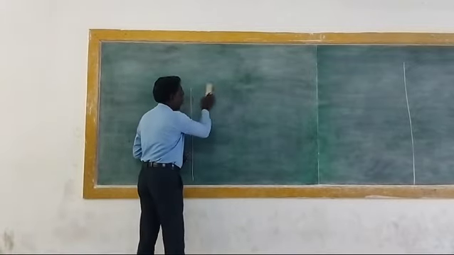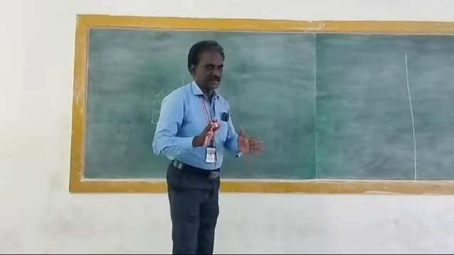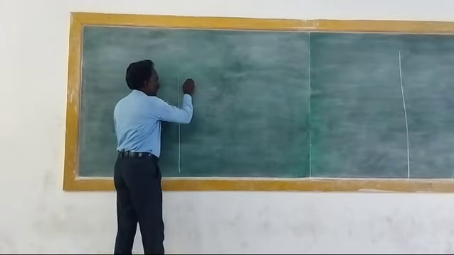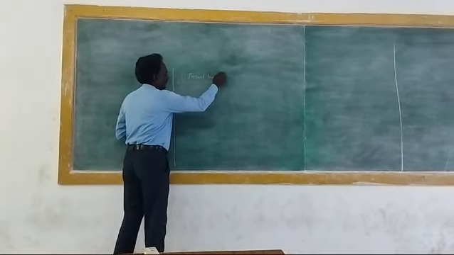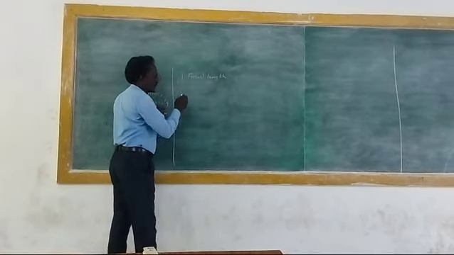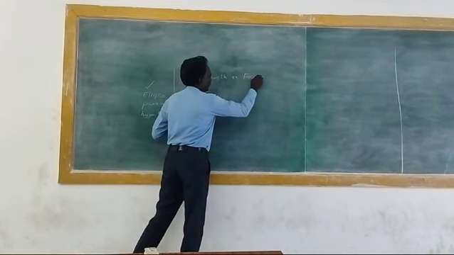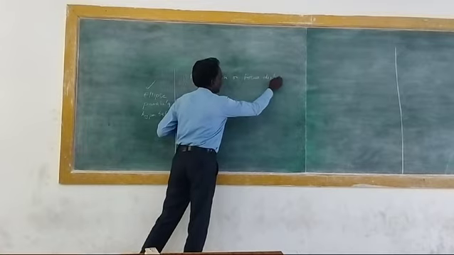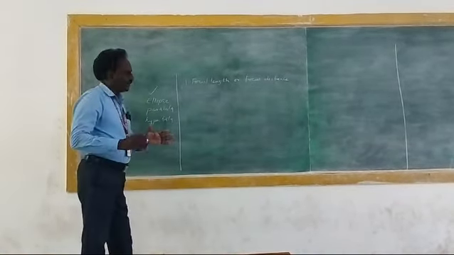For example, for constructing this curve, we need two basic data. One is focal length, normally called focus distance, focal length or focus distance, normally given in millimeter.